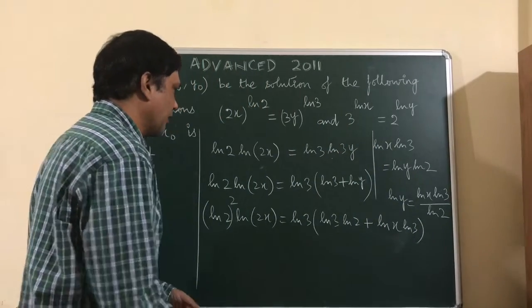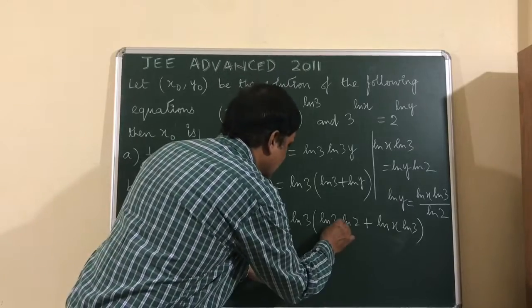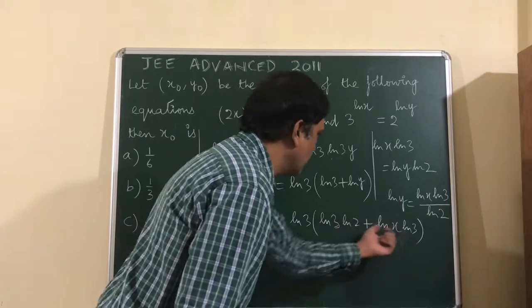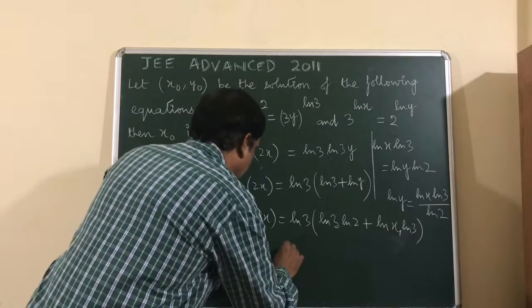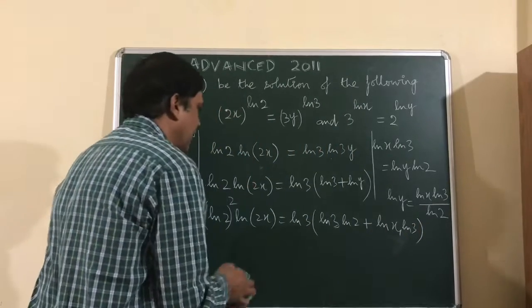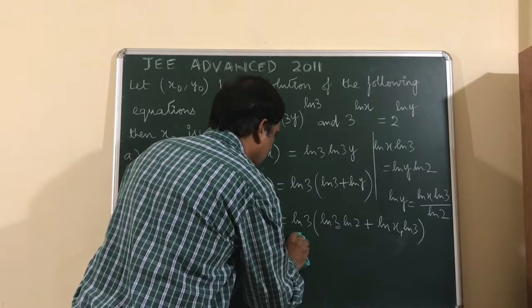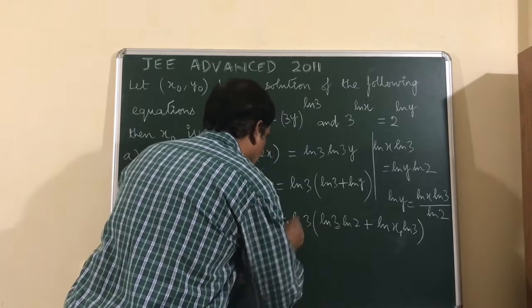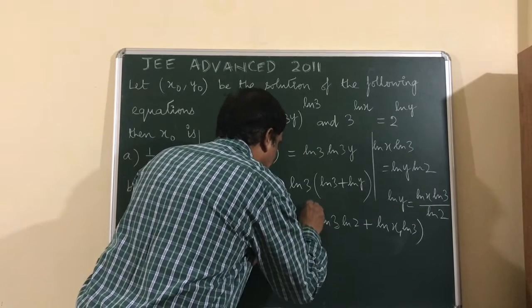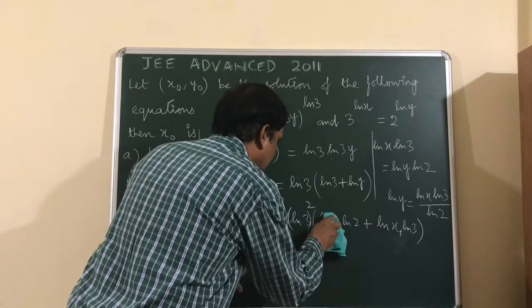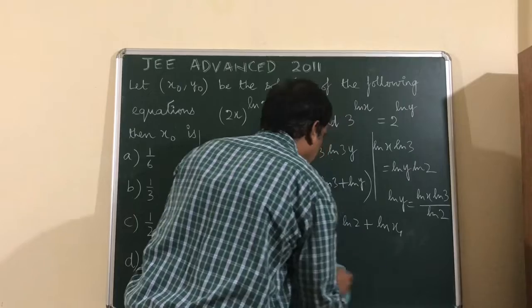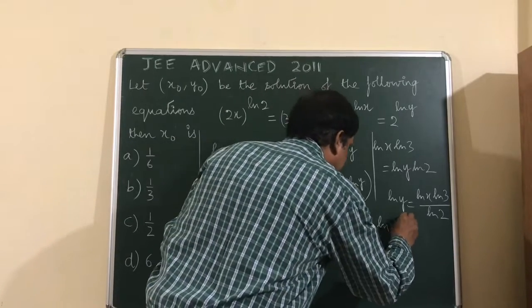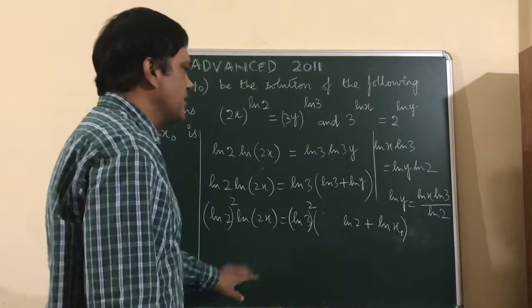This is what you will get there. You can see ln 3 is there in both the terms. This is a multiplication, so we can bring it out, and it will become ln 3 squared, as I've taken this ln 3 out. So it has become ln 2 plus ln x.